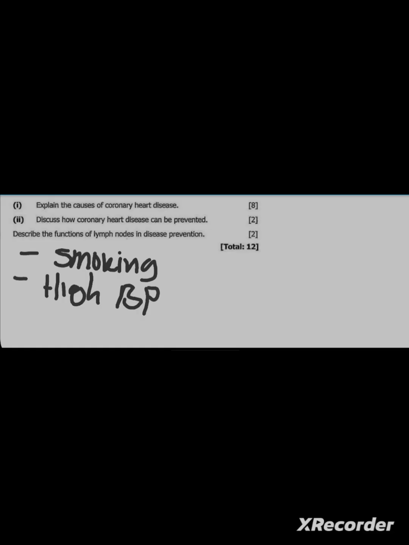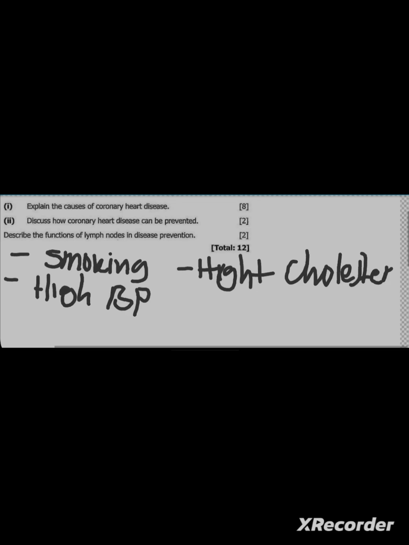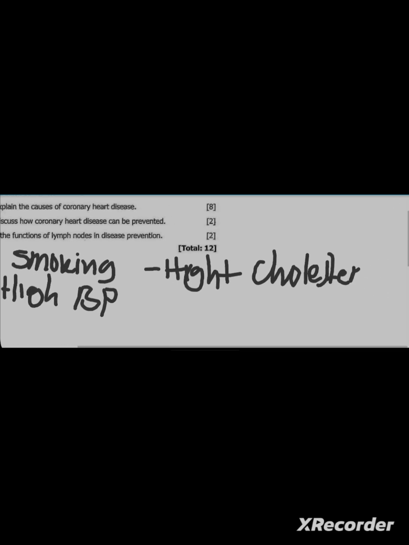What else? High cholesterol. We've said these are fats. What else? Diabetes. What is diabetes?